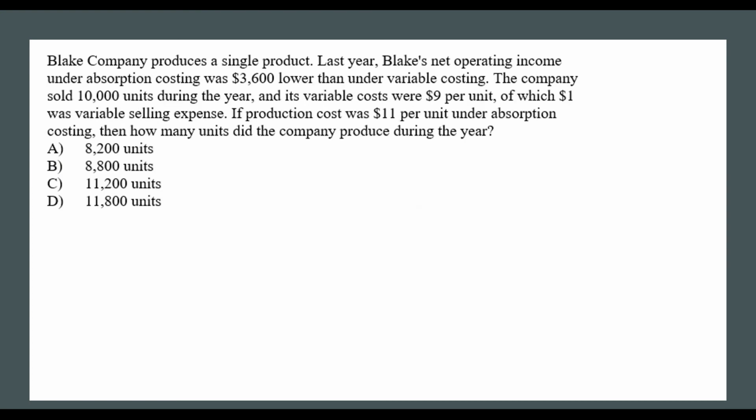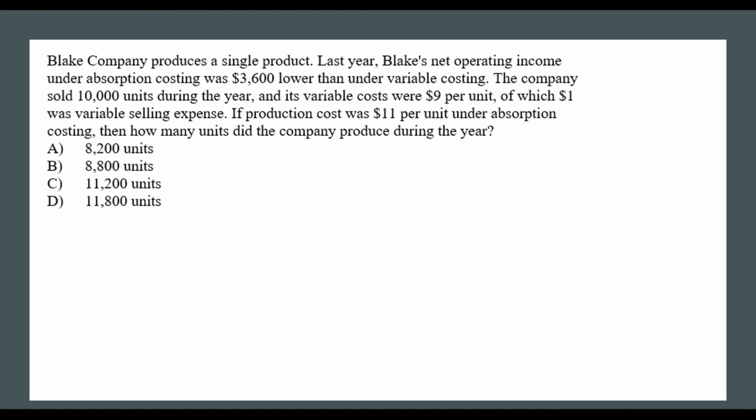Next problem. Blake Company produces a single product. Last year, Blake's net operating income under absorption costing was $3,600 lower than under variable costing. The company sold 10,000 units during the year, and its variable costs were $9 per unit, of which $1 was variable selling expense.